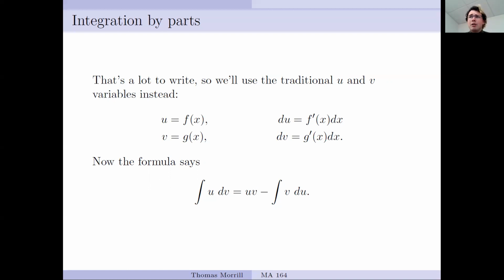There's a lot going on here. It's pretty dense in information, but the formula is so much nicer now. The formula says integral of u dv is equal to the product u times v minus the integral of v du. That is our new formula for today.